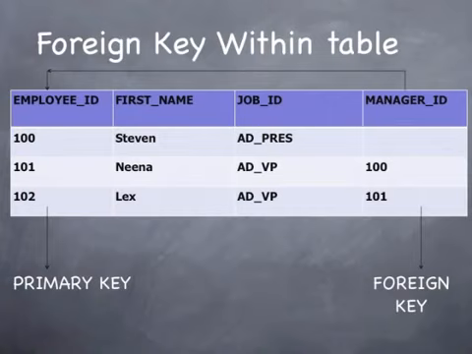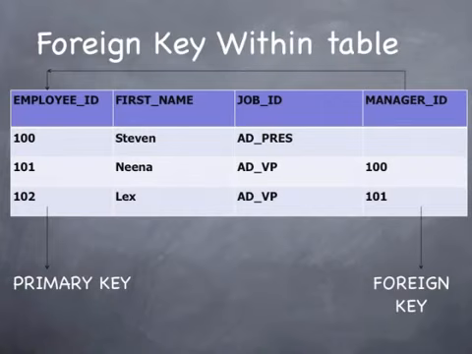Now what we are trying to say over here is that a manager is always another employee of the company. If you look at the second row where the employee ID was 101, the name of the employee was Nina, whose job was Ad VP, and her manager's number was 100, or the employee whose name was Steven.